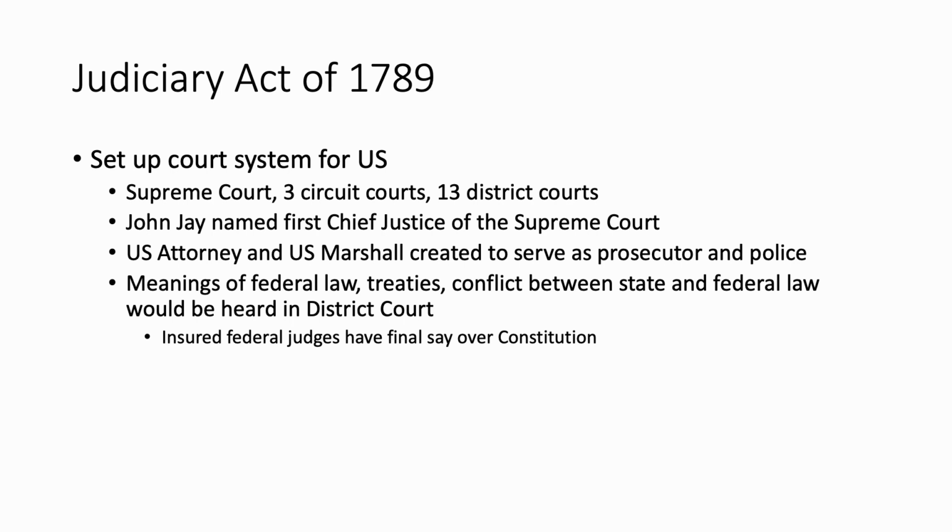John Jay was named the first Chief Justice of the Supreme Court. This is the leader of the Supreme Court. And the U.S. Attorney and U.S. Marshal were created to serve as the prosecutor and the police for making sure that these laws were interpreted correctly.